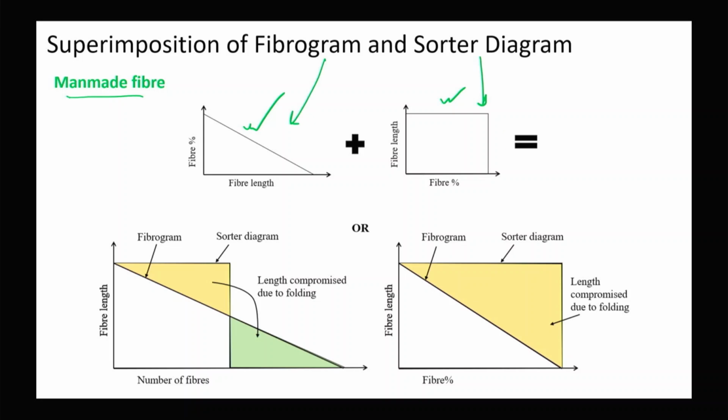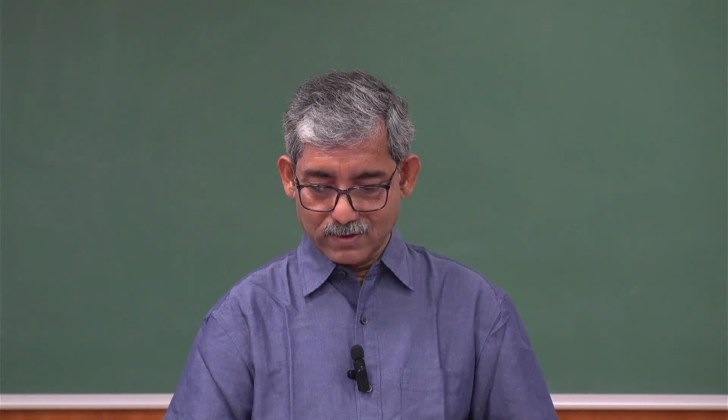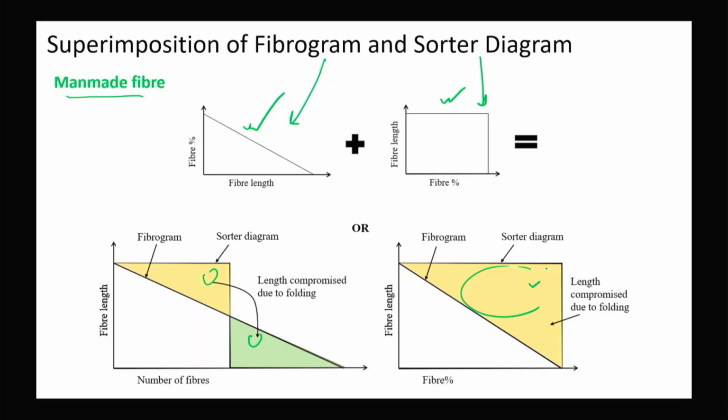And when we superimpose, these zones are mainly due to the folding of the fiber.